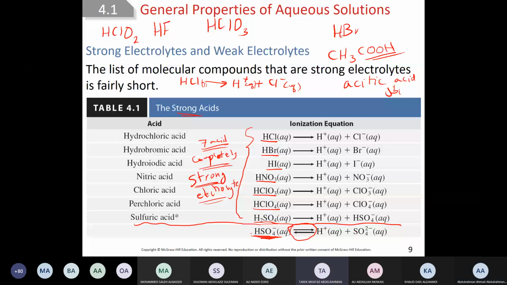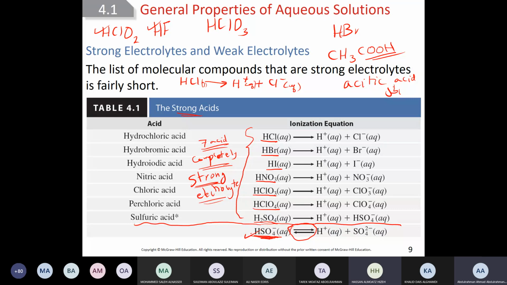Doctor, what I want to know, any acids except those 7 are weak? Exactly. Any acid other than these 7 is weak, including HF, including chlorous acid, including anything else. Doctor, HCl, shouldn't it be aqueous?